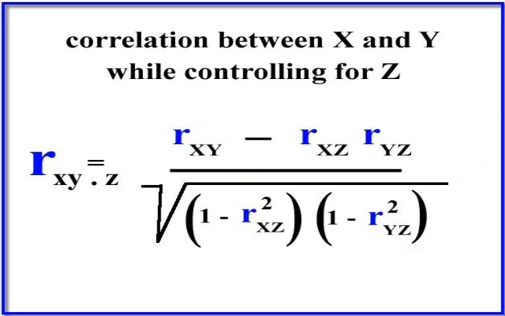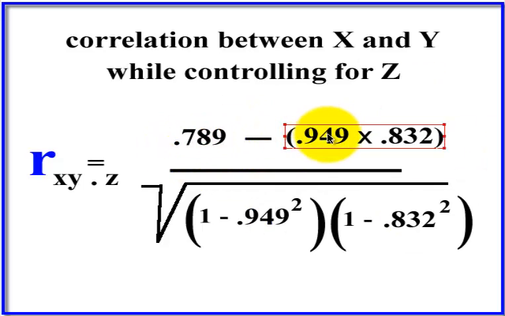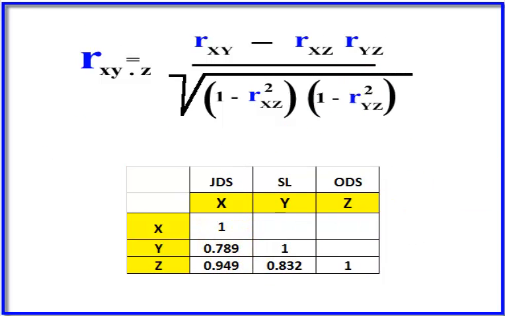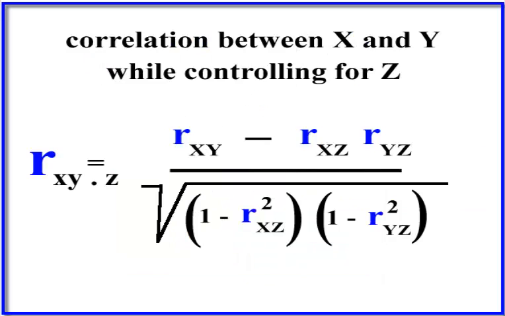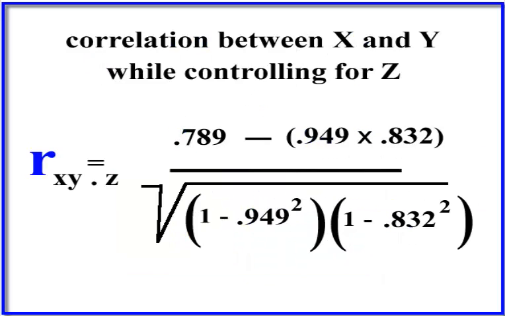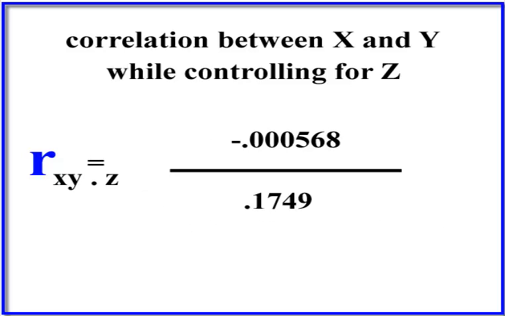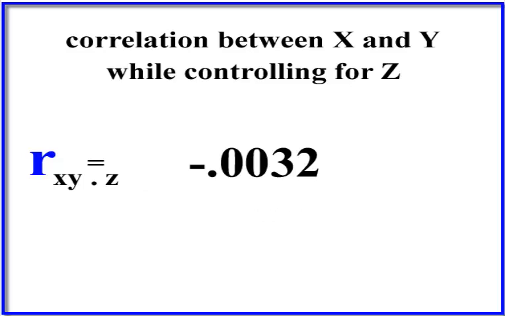The R of XY was 0.789, and the rest of these are strictly from our correlation table. We know those values. So we're simply going to plug in all the values and do a lot of math. Take the square root, divide.